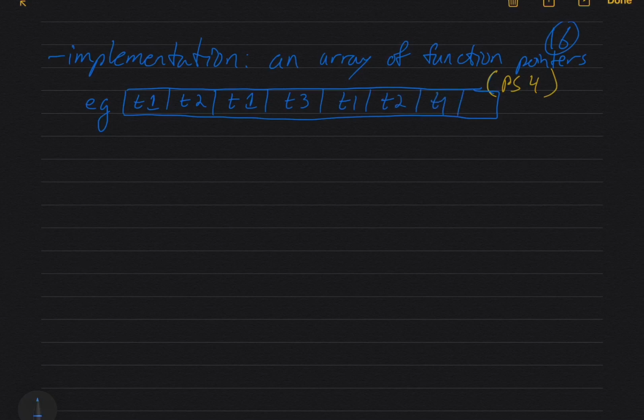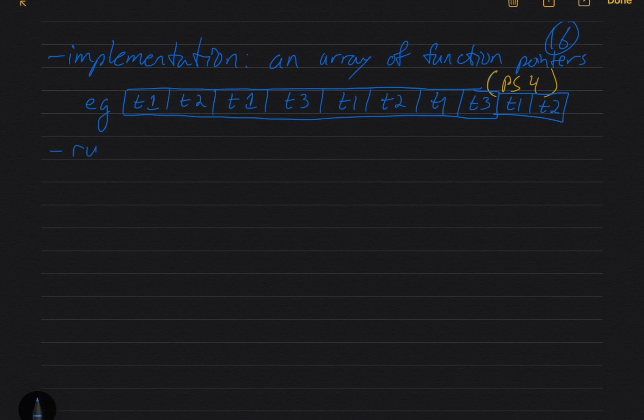I see I didn't leave myself enough room here. And then the order that I chose was T3, and then T1, and then T2. And so we've got 1, 2, 3, 4, 5, 6, 7, 8, 9, 10 entries.